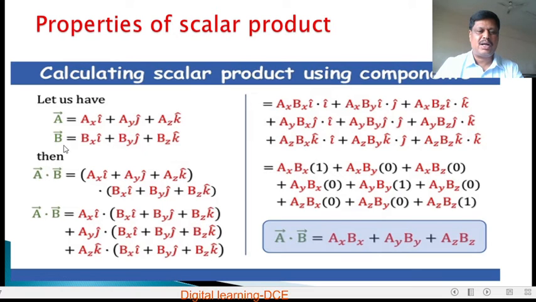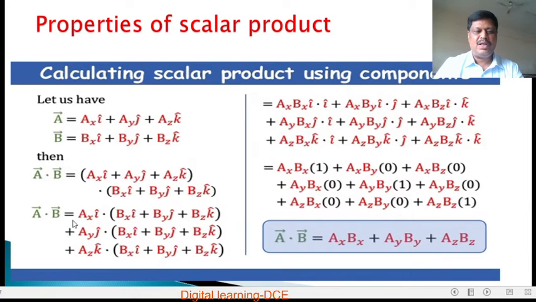Then take a dot product of these two vectors, that is A dot B is equal to, substituting for A, Ax into i cap plus Ay into j cap plus Az into k cap, dot Bx into i cap plus By into j cap plus Bz into k cap. So then A dot B is equal to Ax into i, multiplied with all these components, Bx into i cap plus By into j cap plus Bz into k cap. Similarly, Ay into j cap dot all these things, Az into k cap dot all these things.